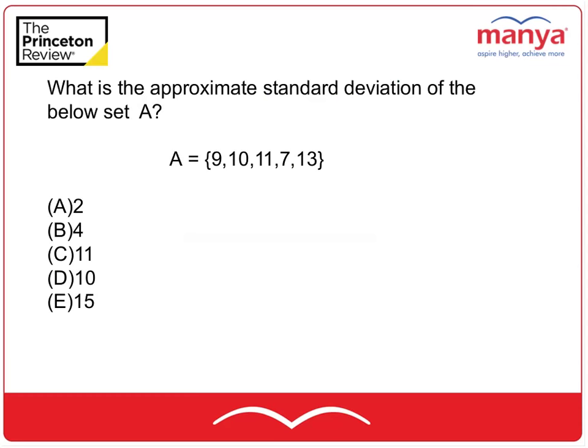Now, we are going to see this question. What is the approximate standard deviation of the below set? The question is, what is the approximate standard deviation? So, we know the procedure for finding the standard deviation. What are we going to do? We are going to find the sum, like adding 9 plus 10 plus 11 plus 7 plus 13.